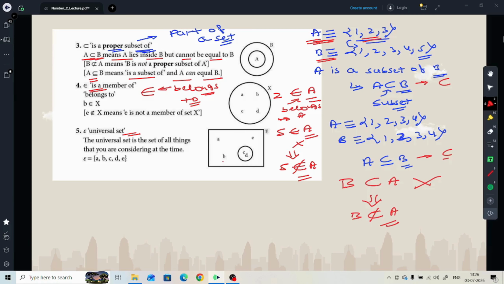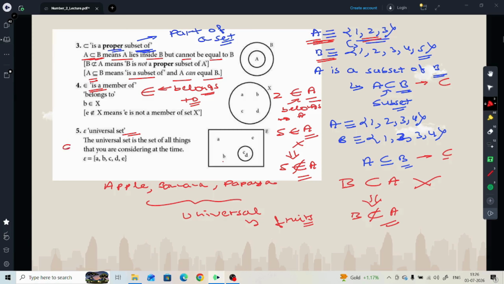For example, if you are considering apple, banana, papaya, and so on, in this case the universal set will be fruits, because the category that you are looking for is fruits. Okay, so that's how it goes. Universal set consists of everything which is present over there, and it is represented like this.